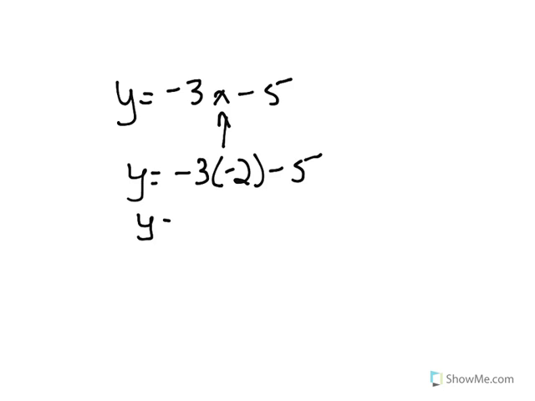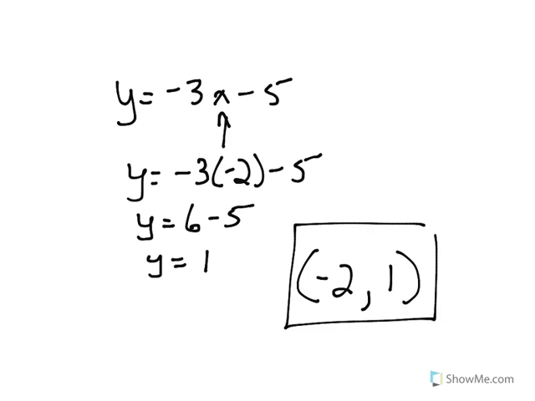This gives us y equals 6 minus 5, y equals 1. So the solution to the system of equations is the set of ordered pairs, or the coordinates, negative 2, 1. That is the point of intersection of those two lines.